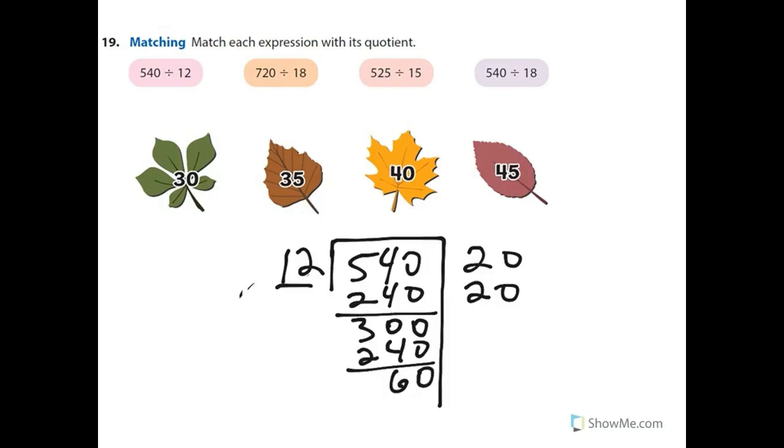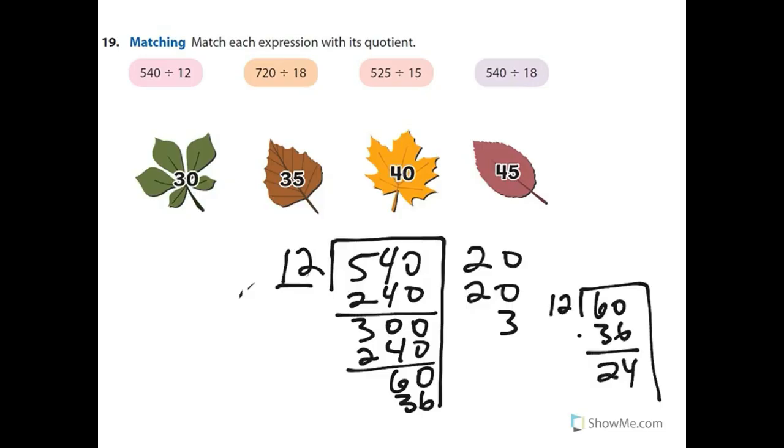And then, well, I know that 3 times 12 is 36, right? I know that off the top of my head. 36. Oh, I need to get some more room. I'll put it over here. So 60 minus 36, we get 24. And what's 2 times 12?